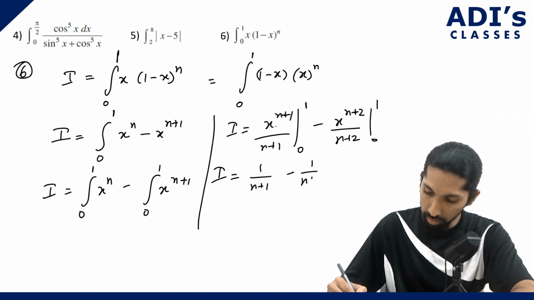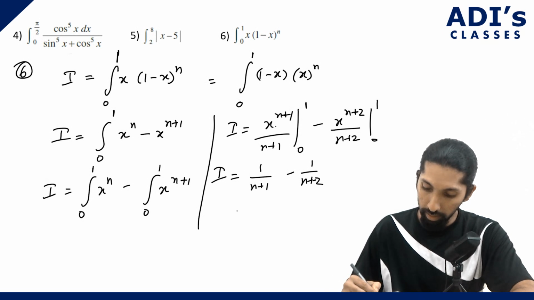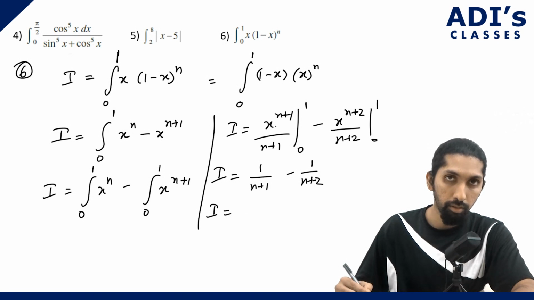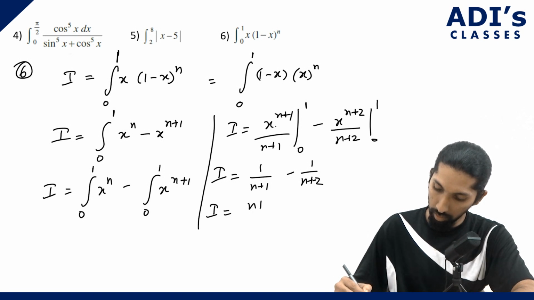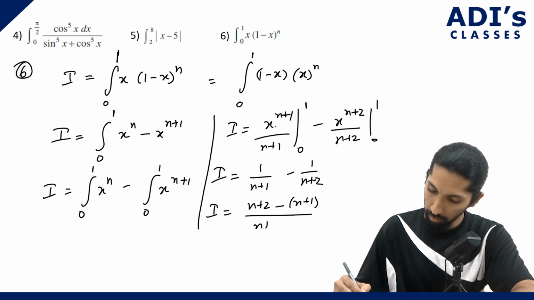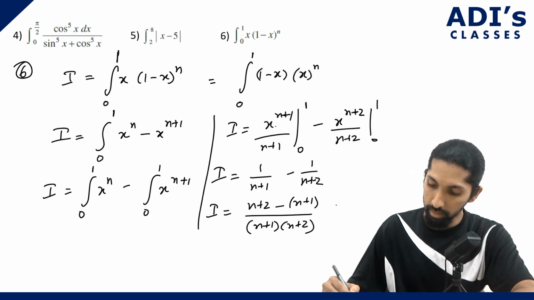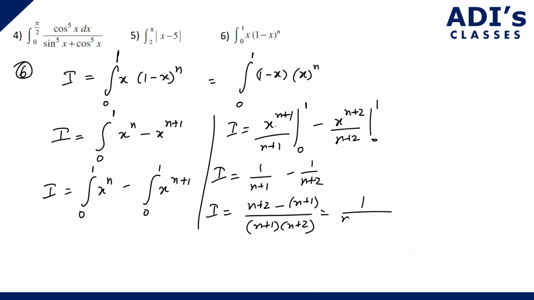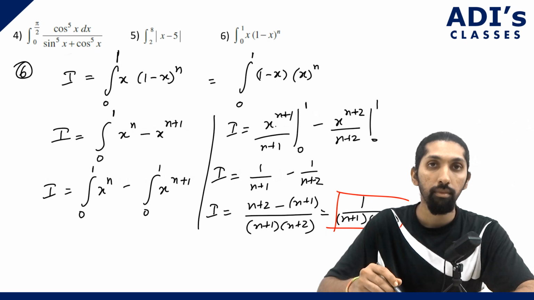Minus 1 by n plus 2. Take LCM. n plus 1 into n plus 2. So n plus 2 minus of n plus 1. Isn't it? So the final answer will be 1 by n plus 1 into n plus 2. So this is going to be the final answer for the sixth one.